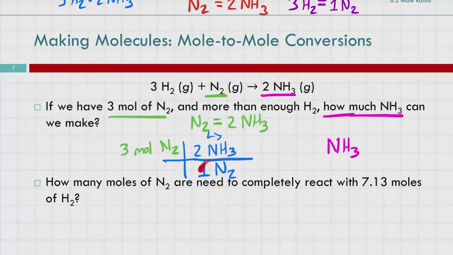So what this is saying is if we put in 1 nitrogen gas, we'll get out 2 ammonia gas. Our N2s cancel. The moles don't change, so we get out 6 moles NH3. Do we have questions or confusions about that?